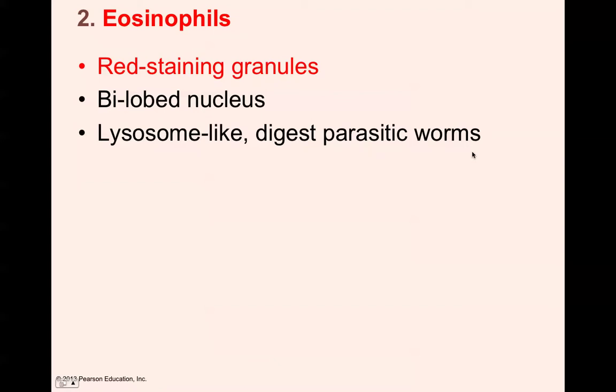So if the body detects some parasitic worms, it will likely increase its production of eosinophils. They're also released during allergic responses. So if you have a high eosinophil count, it could be an allergic response as well, if there's really no likelihood that that person has parasitic worms.